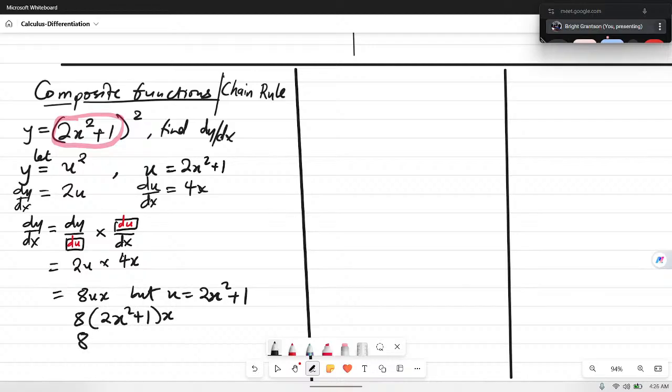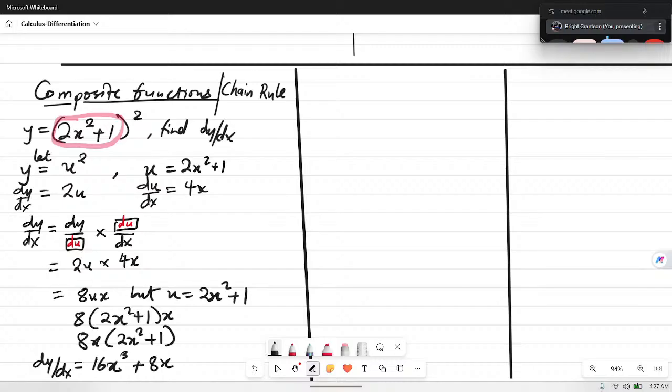So basically 8x times 2x squared plus 1. You get it? Yes. And this one, you can simplify as 16x cubed plus 8x. Are we okay?